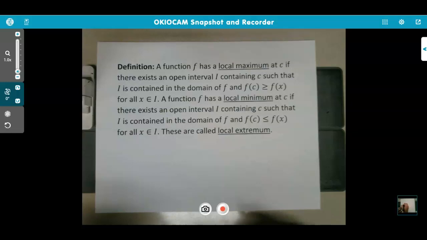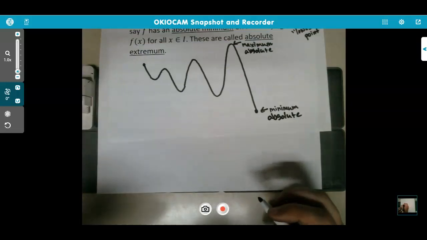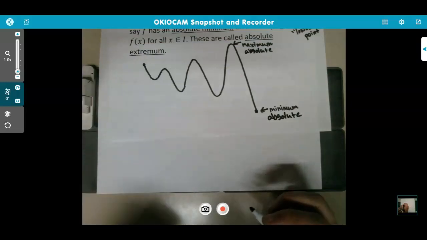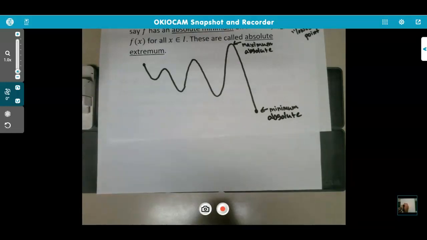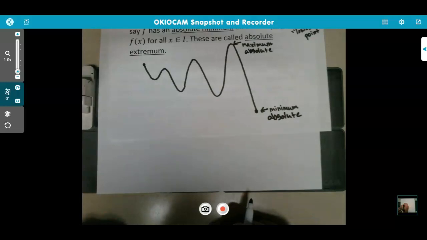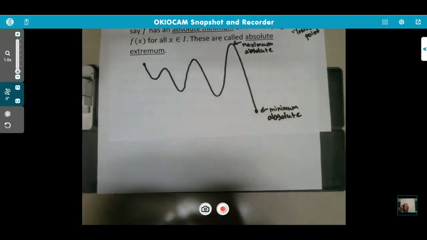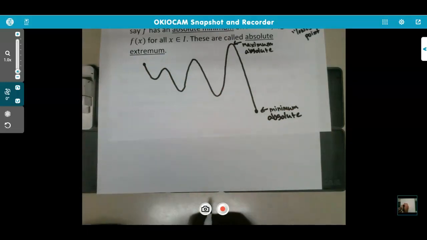Absolute max and the absolute min. A relative max and a relative min means those are the maxes and mins for a certain point, okay? So what I mean is it's not the absolute highest point for the whole thing, but in a tiny piece of it, it is the highest point.